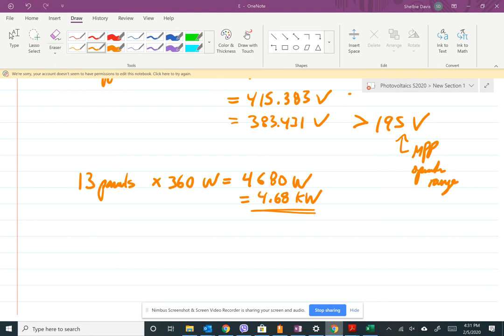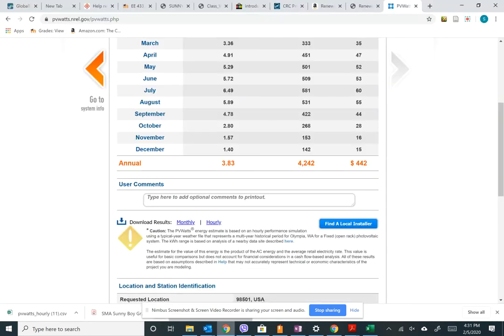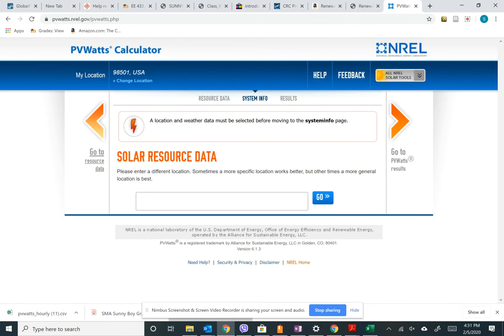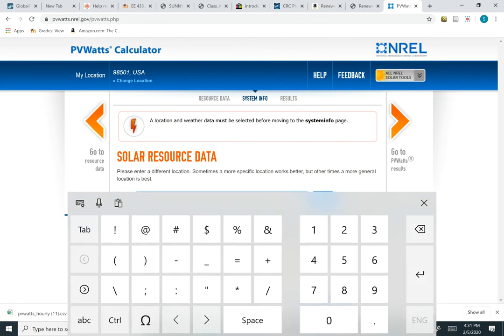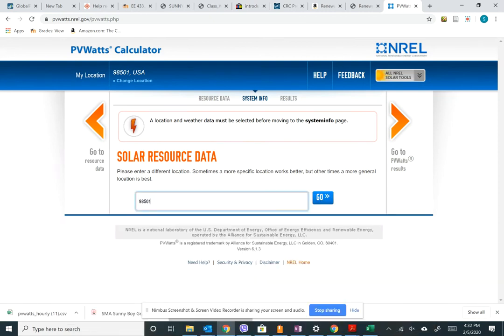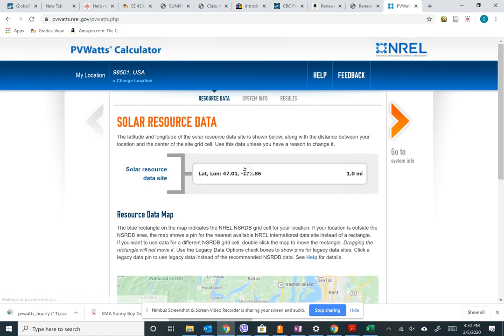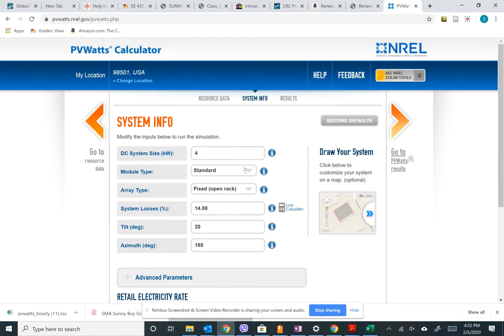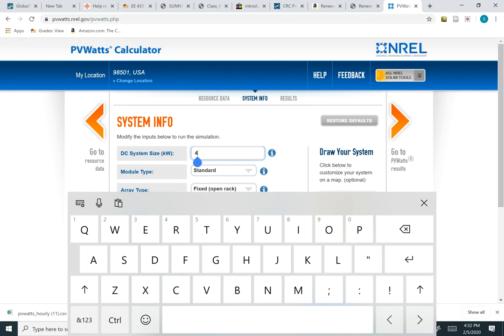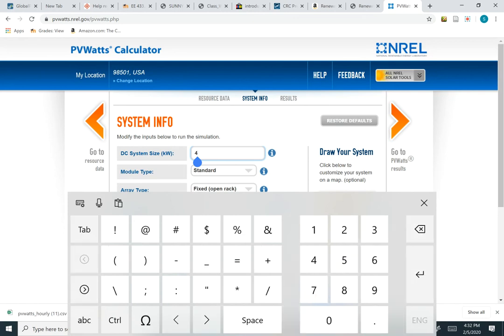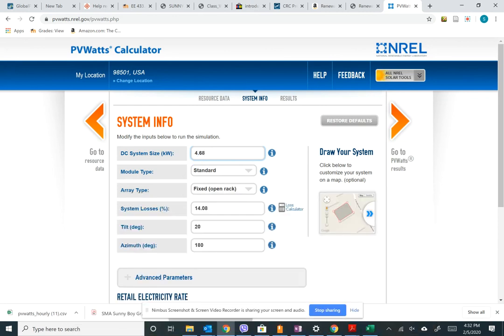So 4.68, if I open up my PV Watts and we'll go back here. This is in Olympia, so I'm going to put in the zip code 98501. We're going to go to that. Okay, again. So now in the DC system size, I'm going to put 4.68 kilowatts, standard.